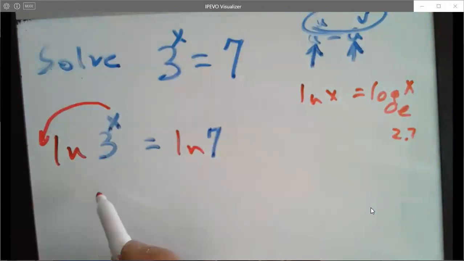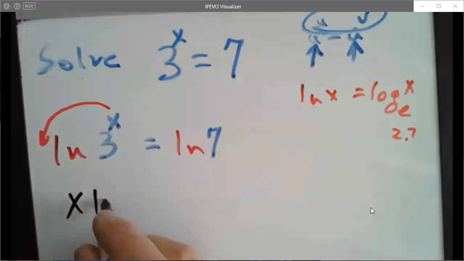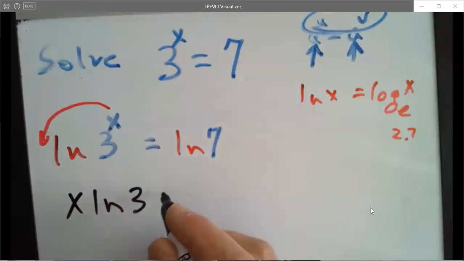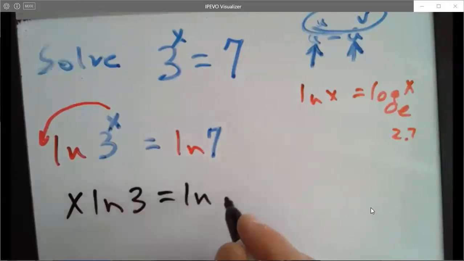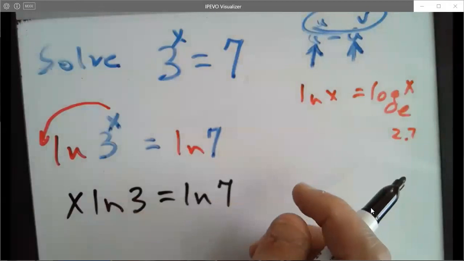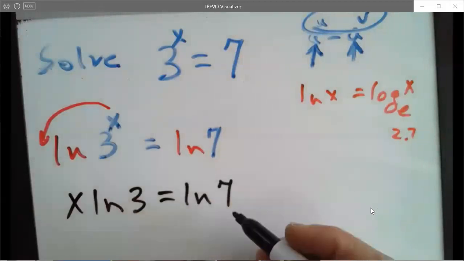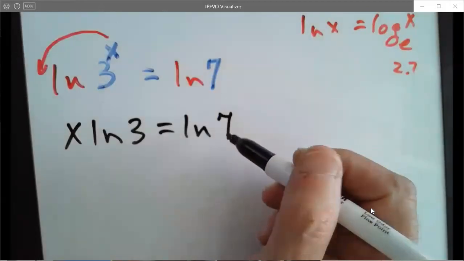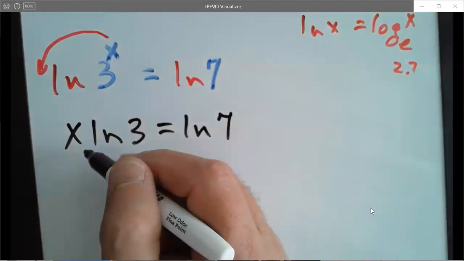Okay, so now we have x natural log 3 equals natural log 7. Okay, now from here we can solve for x.